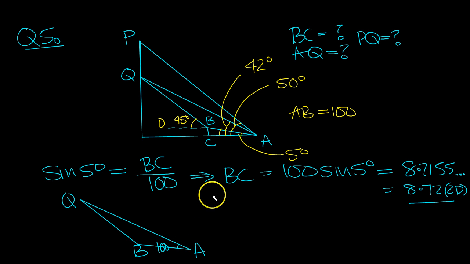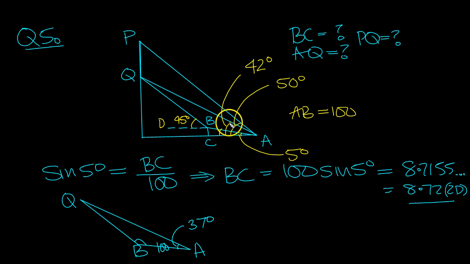Do we know this angle? We should be able to work it out, because we'll be able to find that angle, and then we should be able to use the sine rule. So first of all, this angle in here then, well, there's 42, less 5 is 37. So that angle there is 37 degrees.